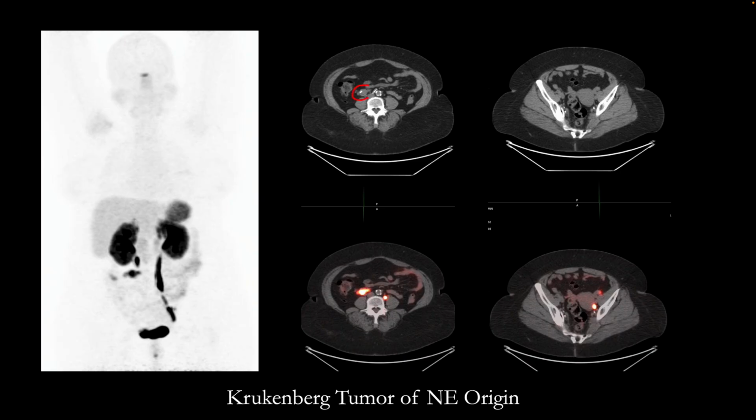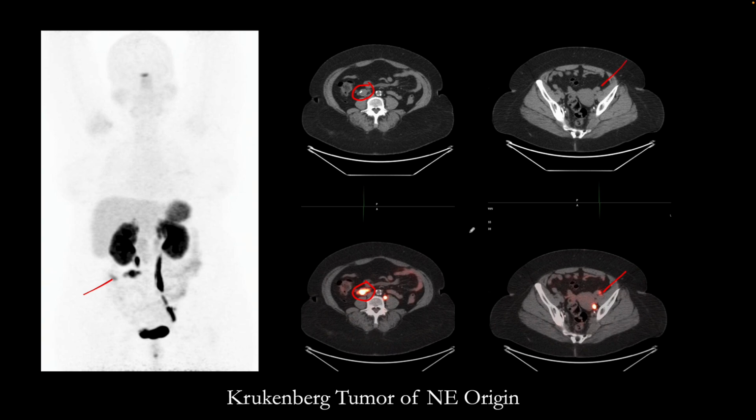So this is its appearance on the CT, and it shows increased uptake. And this is their primary in the distal small bowel. And this focus right here in the pelvis is a deposit on their left ovary.